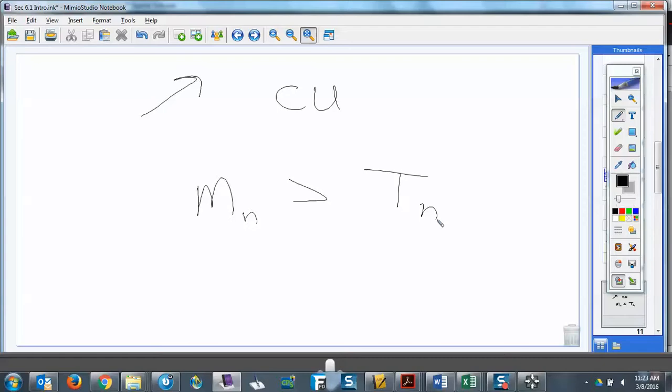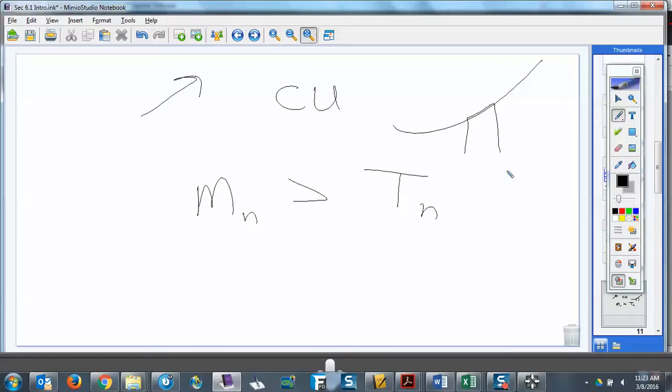So is a midpoint greater than a trapezoid on a function that's increasing and concave up? There's a trapezoid. Trapezoid is over, so what's a midpoint? Under, so can a midpoint be greater than a trapezoid on that function? No, so that would be, can't be true.